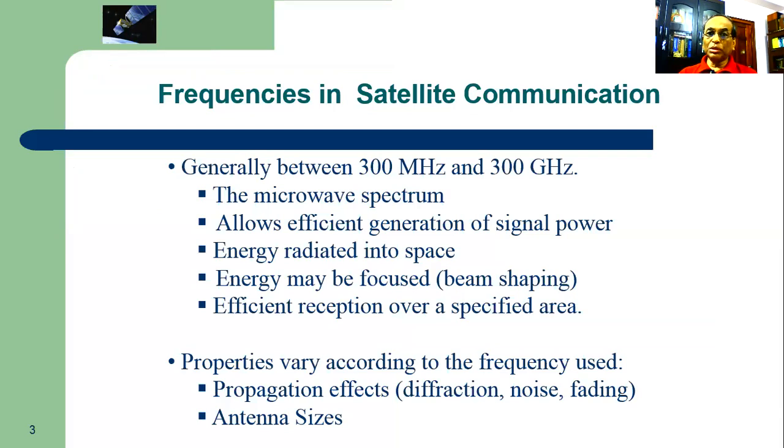The frequency used in satellite communication falls under the microwave range. We already came across it. This microwave range starts from 300 megahertz to 300 gigahertz.